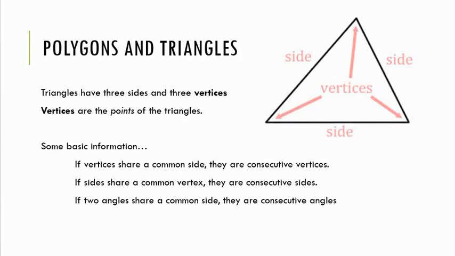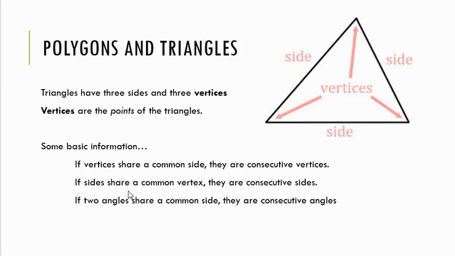Triangles have three sides and three vertices. Vertices are the points of the triangles. There's a picture up to the right you can look at. Just some basic information. If vertices share a common side, then they are consecutive vertices. For example, if this vertex and this vertex are consecutive, that means that they share this side right here.